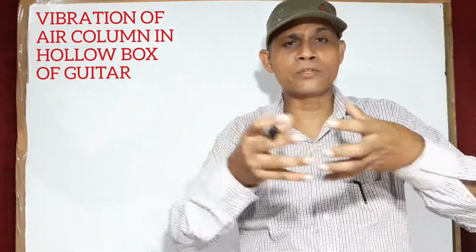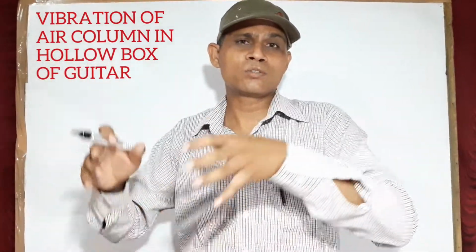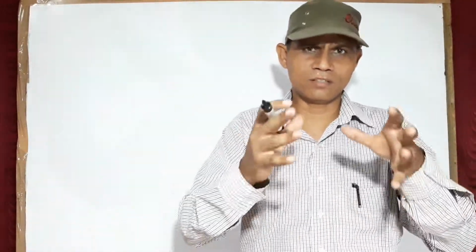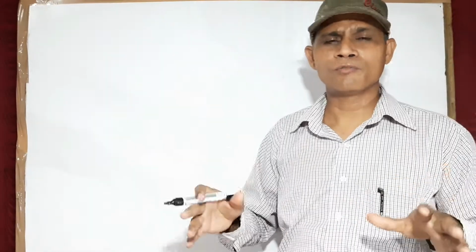So string vibration is providing the external periodic force, due to which the air column is also vibrating. So this vibration is also an example of forced vibration. Similarly, any other instrument like a guitar is an example of forced vibration.